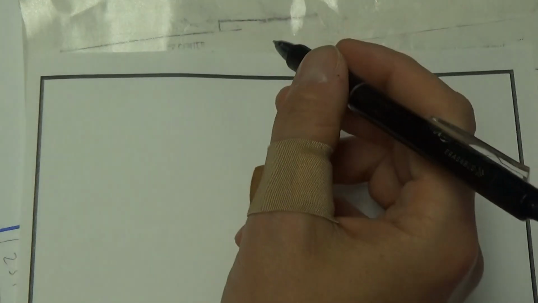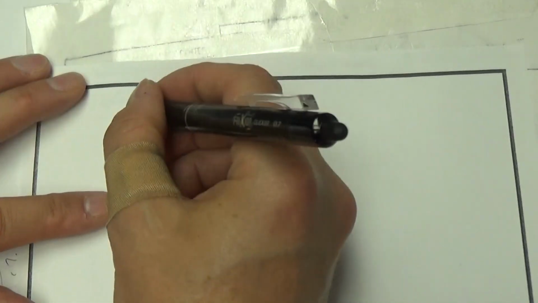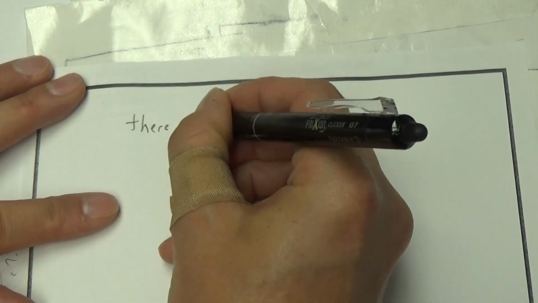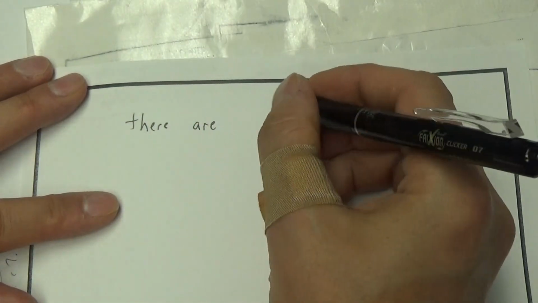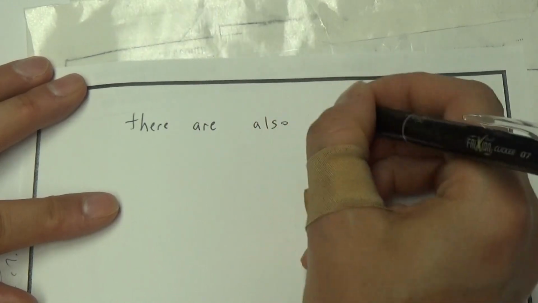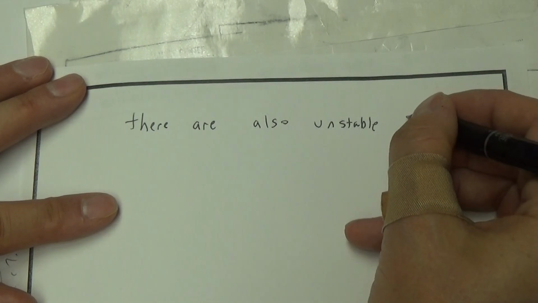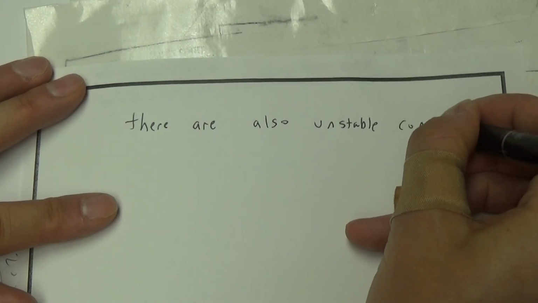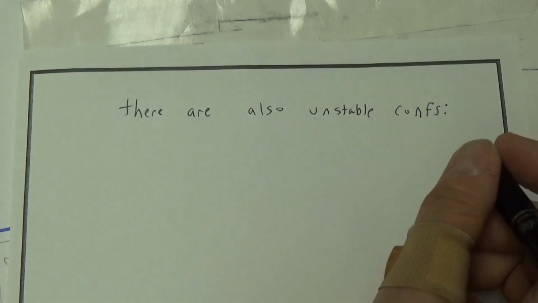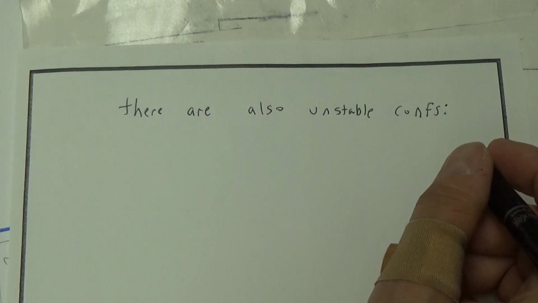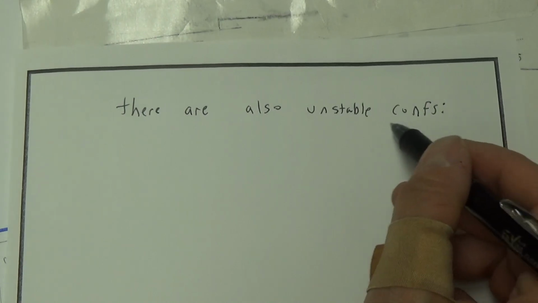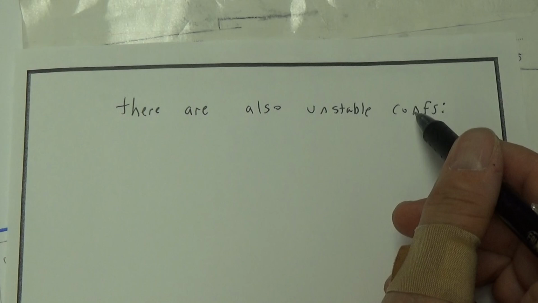There are also some unstable conformations. What's the one we were just talking about? What conformation have we been focusing on?